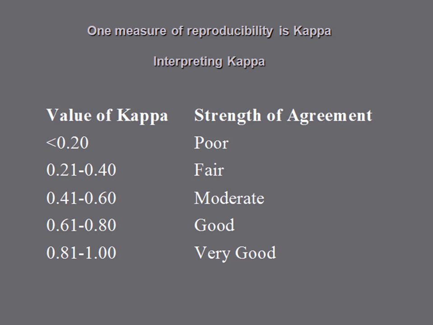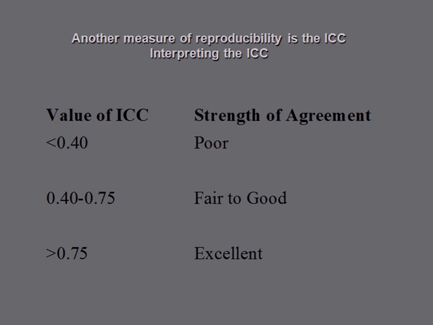For example, a kappa of 0.21 to 0.4 is considered fair, and anything below 0.2 is considered poor. We would proceed with caution in the use of such a test rating. Lucky for us, the ICC produces similar numbers in similar categories, making them fairly easy to determine and use.